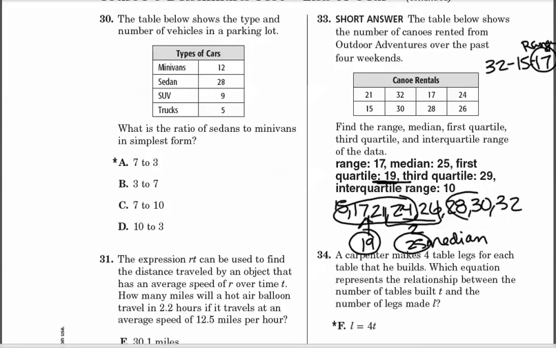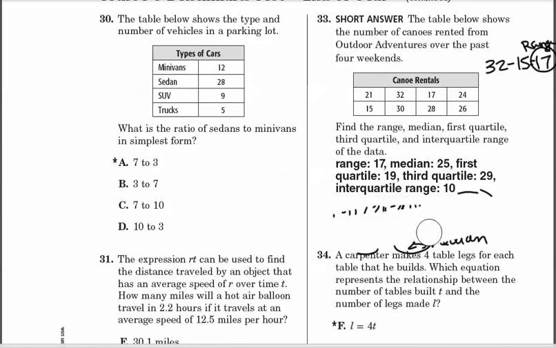Then we do the same thing over here, 26 through 32. The middle number would be in between 28 and 30, which is the third quartile, 29. And then their range, which is the interquartile range, is 10. So if you look at this, the middle is 19, the middle is 29, subtract them and we get 10.